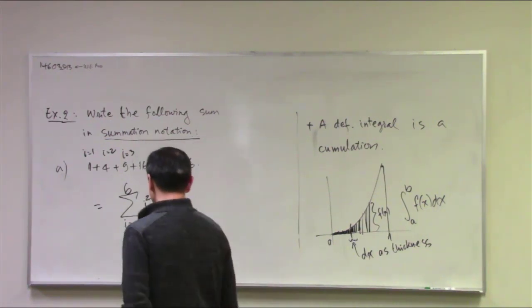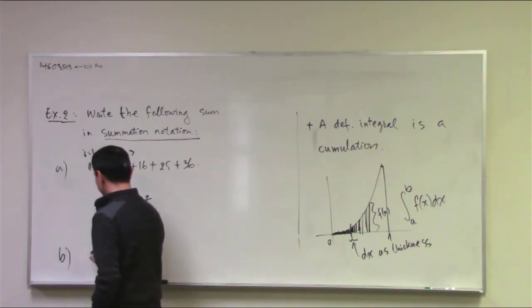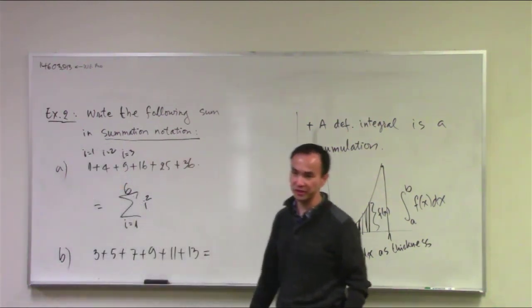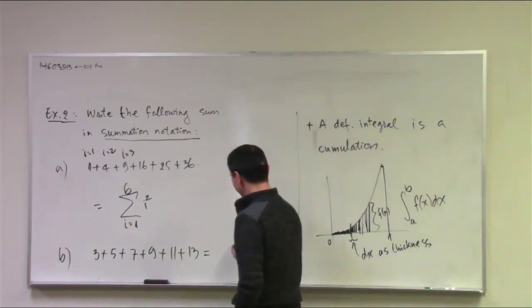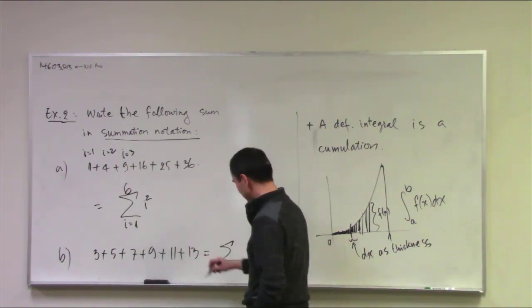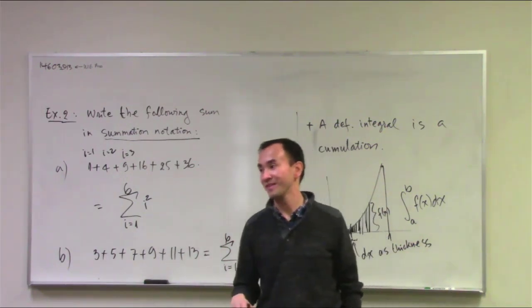Right? So, need another one right here. Go ahead and write that in summation notation together. 2, 4, and 6, right? 1, 2, 6. See what I'm saying now?